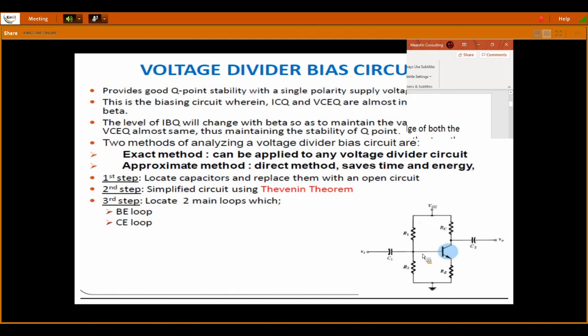So fixed voltages with this R1 and R2. The voltage across resistor R2 is applied as the base to emitter voltage.